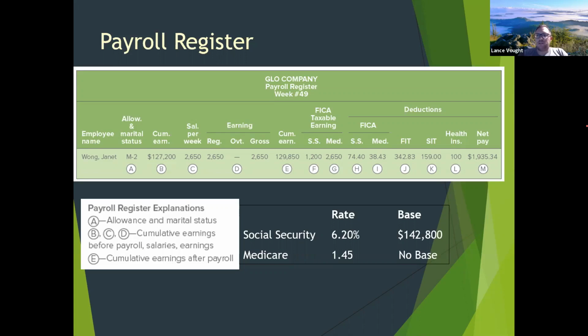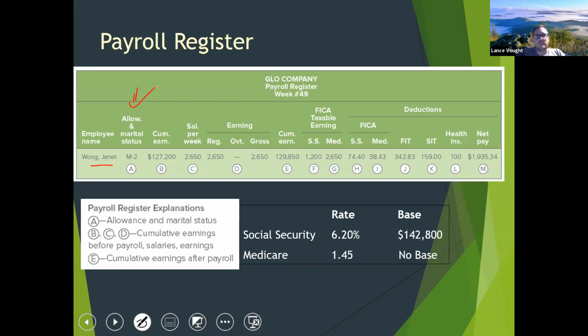So the first thing is the name of the employee. Second thing is their allowances. When you apply for a job and you get hired, there's usually a W-4 you have to fill out, and the W-4 is your tax classification. You usually fill out this form both federally and at the state level, what your allowances are. If you're married, there's allowances.